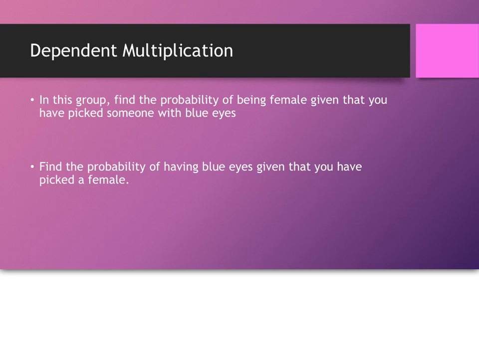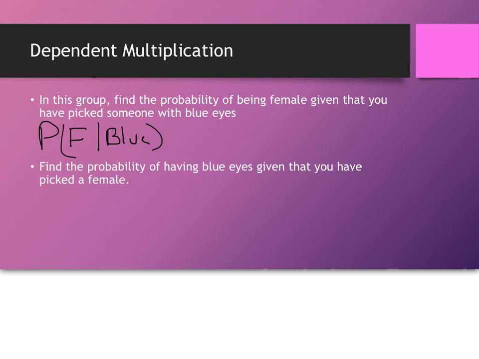Now I want you to do the same thing with females and blue eyes. So push pause on the video and do the same thing with females and blue eyes. Alright, so hopefully you've done that. So if I say, what's the probability of being female given that I've picked somebody with blue eyes?